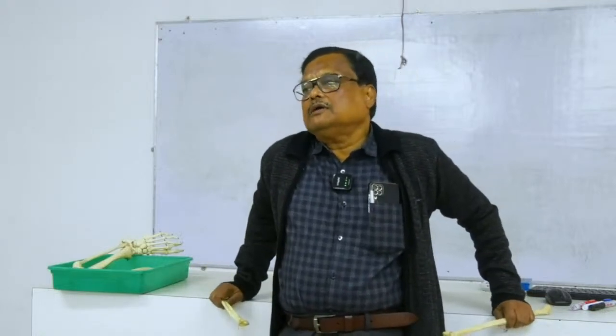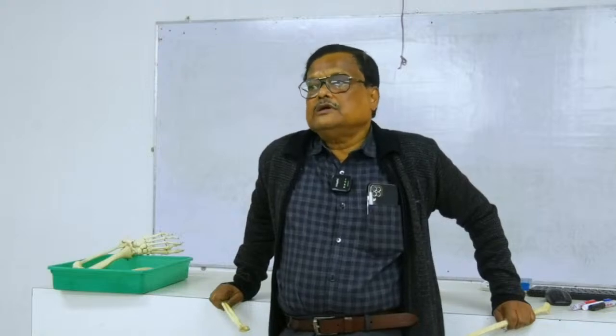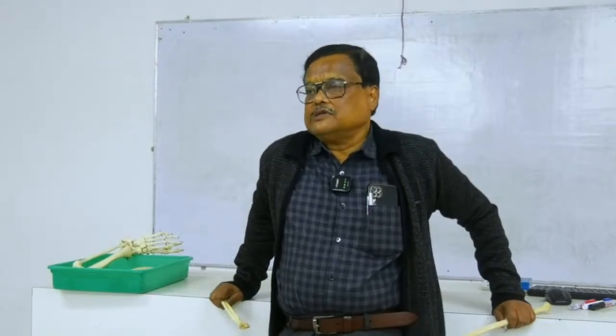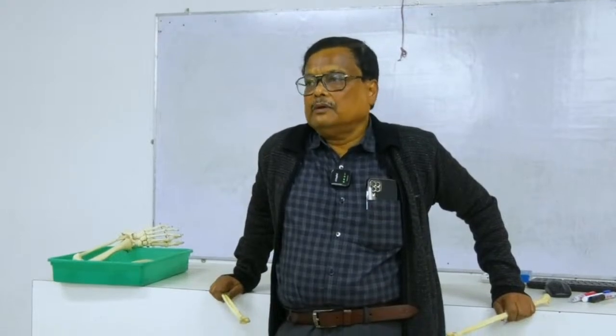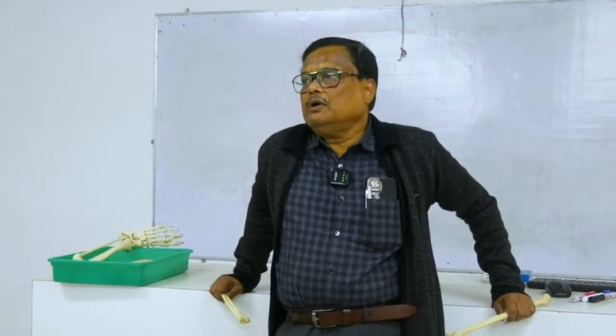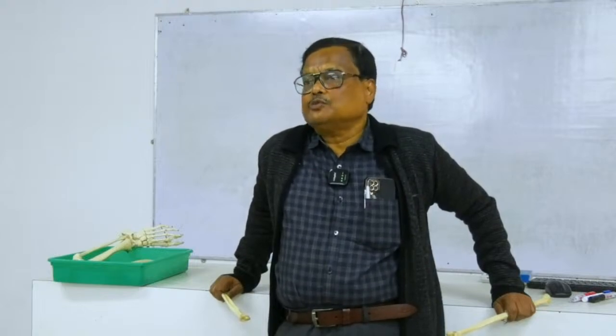Then why does nature give the fibula? I have already told you, nature does not do anything without a reason. So why is the fibula present in our body? In other words, what are the functions of the fibula? The most important function of the fibula is muscular attachment.